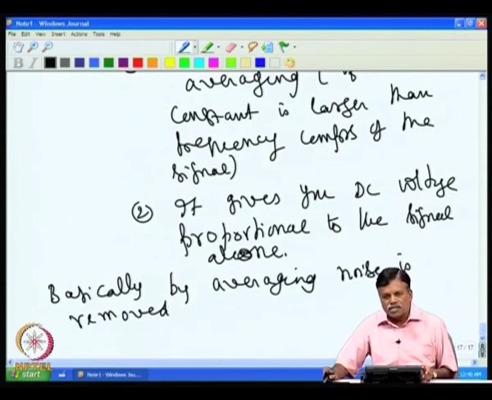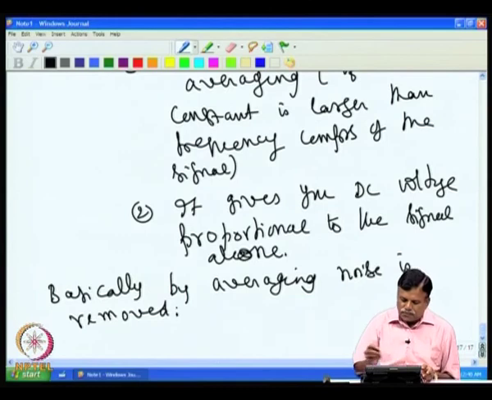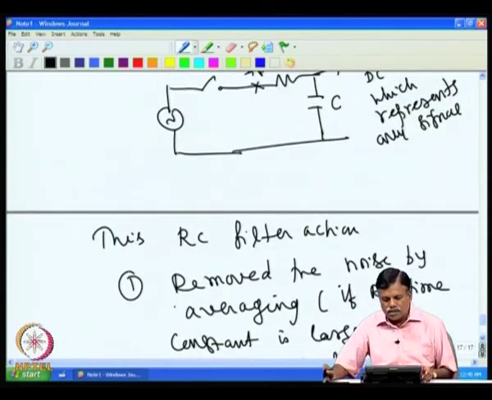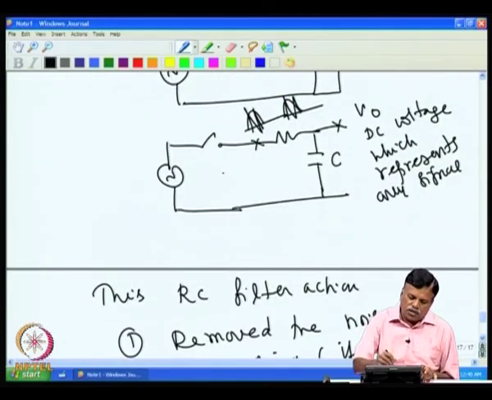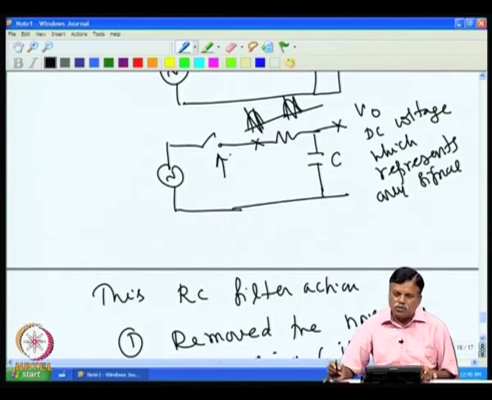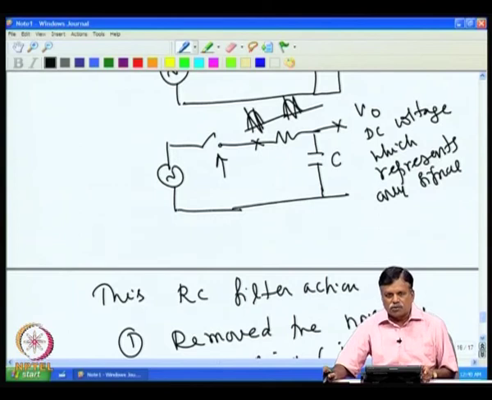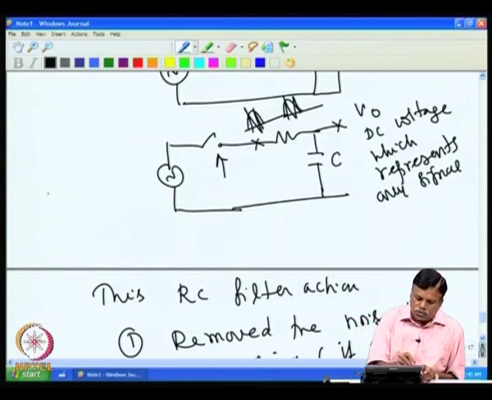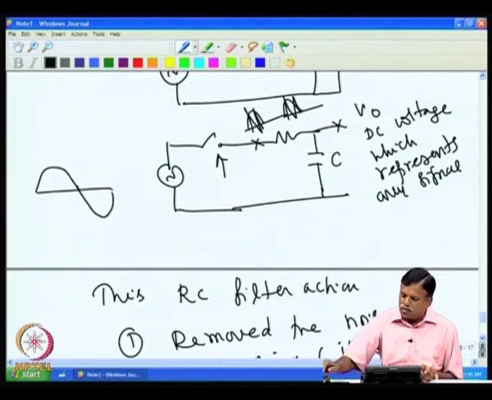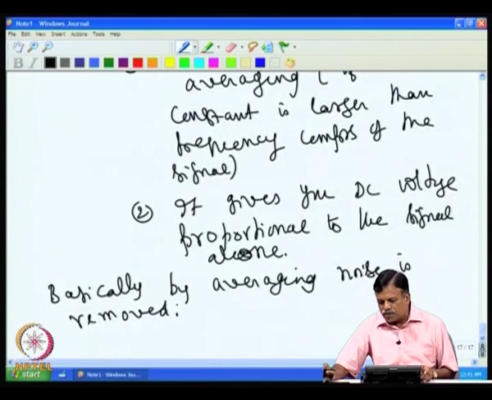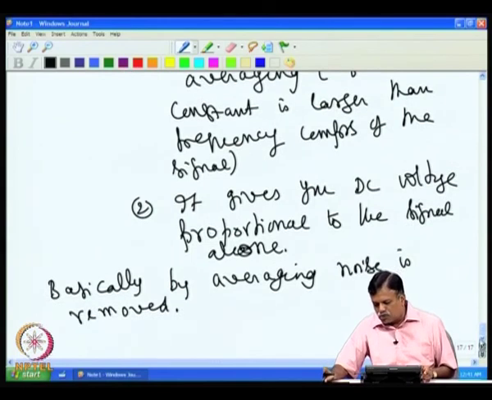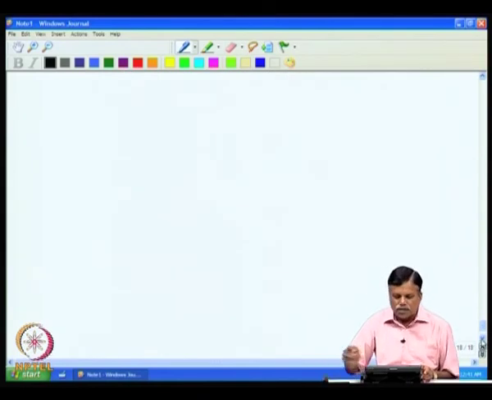This noise rejection happens only if the switching is done correctly, because the switch should be on during the positive half cycle and off during the negative half cycle. Only then can averaging take place. So, one should find the true zero crossing points of the signal.